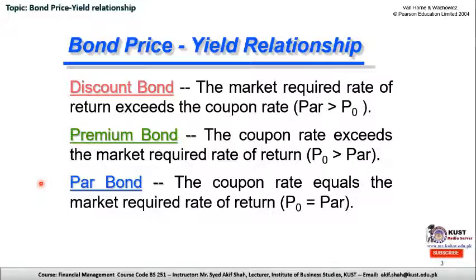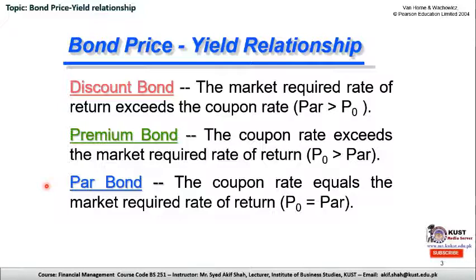I'll start from the last one, which is the par bond, because this is the starting point. The par bond means that the coupon rate equals the market required rate of return. Such kind of bond issuance is known as the par bond. Let me give you another example. The par bond is the one which is selling in the market at the specified face value.